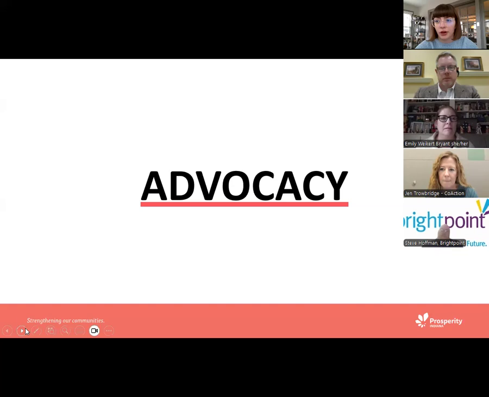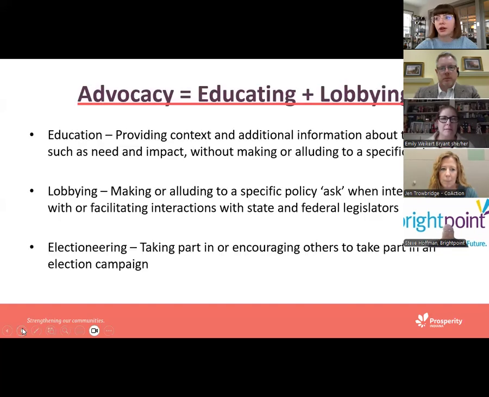And again, it's a 3-part series. This is just the second part. In order to talk about advocacy, I want to briefly remind folks that the term advocacy, even though I'm going to continue using it, really does mean the combination of education and lobbying. Some people do both, whereas others prefer to only educate elected officials.